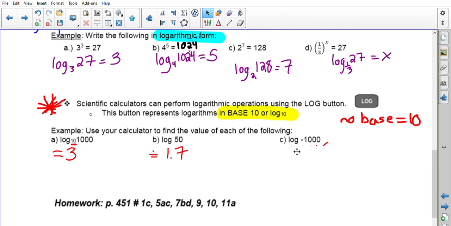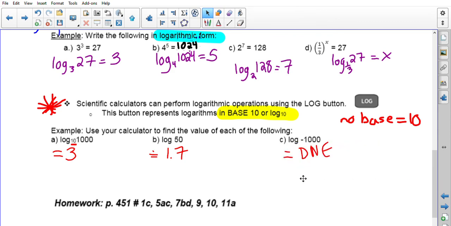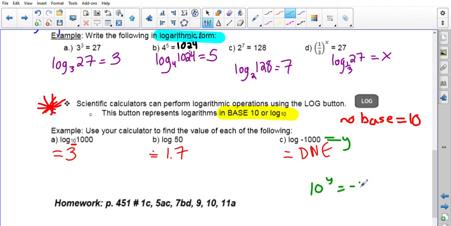And you should try typing in now log of negative 1000. And you should get an error message. And that makes sense, because when you try to enter that in, log of negative 1,000, there is no number. If I were to convert this to its exponential form, we would do 10 to the y equals negative 1,000.